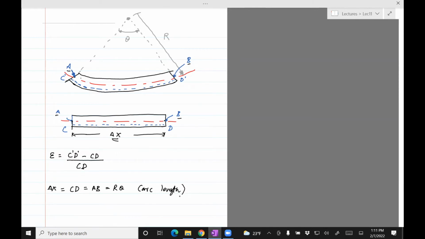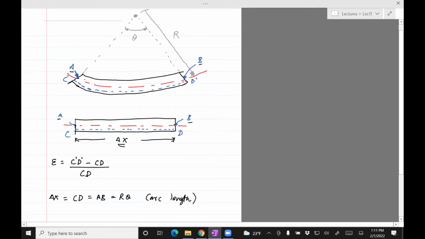Now let's try to write C prime D prime. For that, I'm going to consider that this distance is y. So the distance between the neutral layer and the layer I just considered.